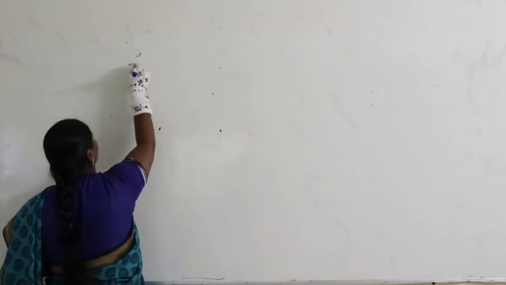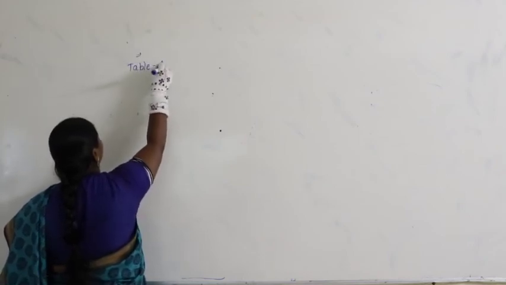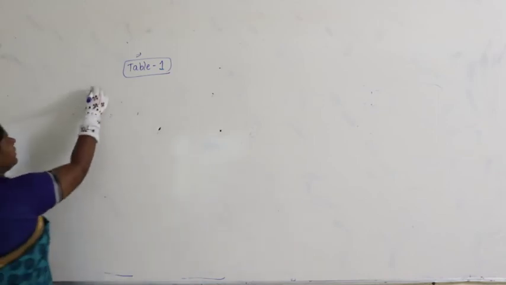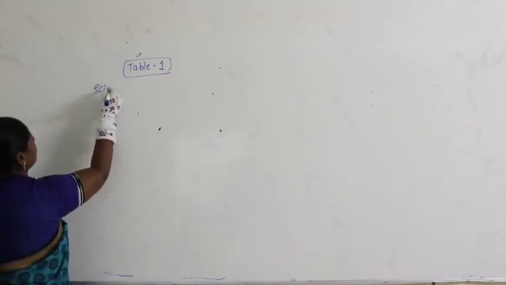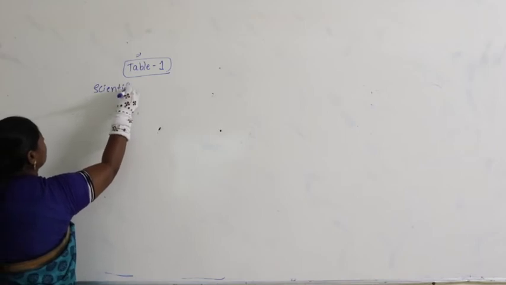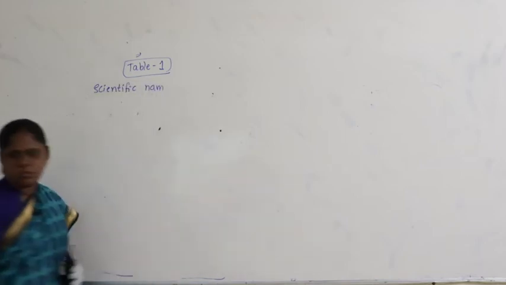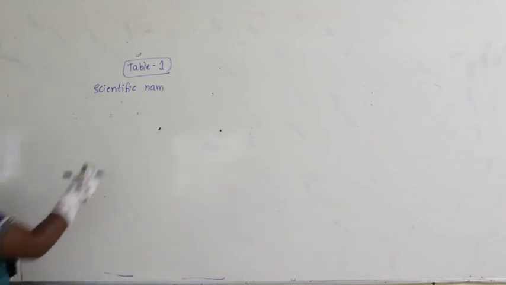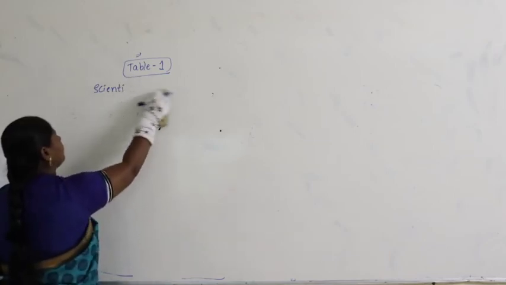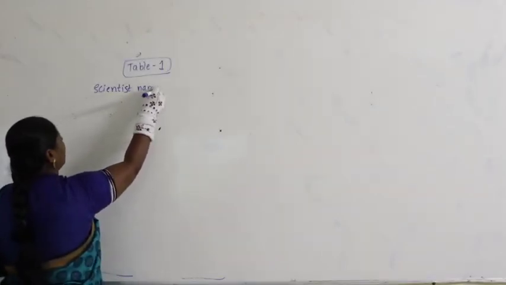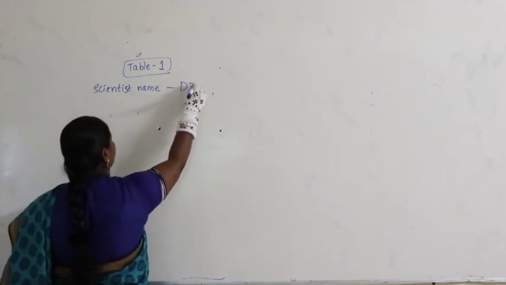So, let us go with table number 1. What is the table number 1 we are discussing? Scientific name and scientist name, no? Table number 1 is scientist name, right? So, let us write scientist name and discovery.